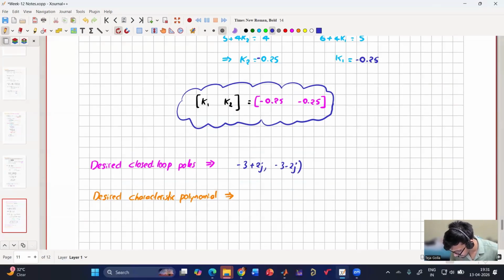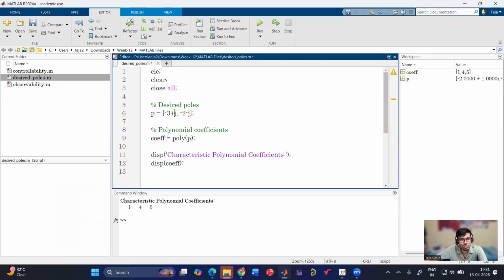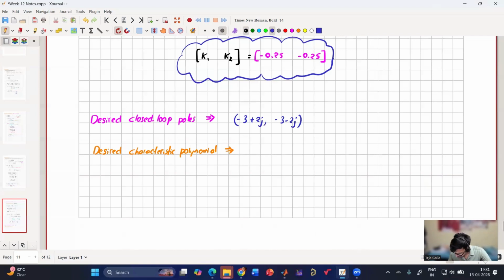Again, it should be stable, that's why the real part is negative. So what is the polynomial? s square plus 6s plus 13. So my polynomial is s square plus 6s plus 13.